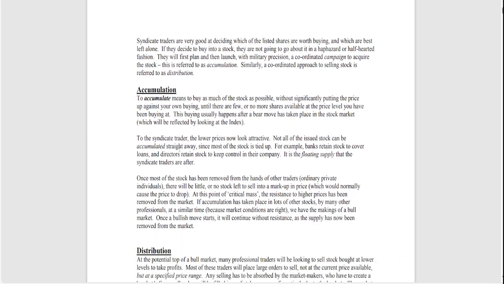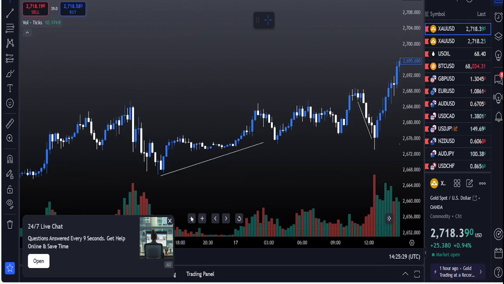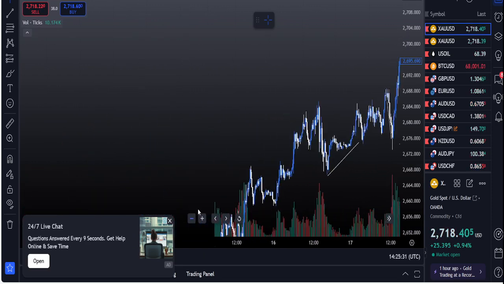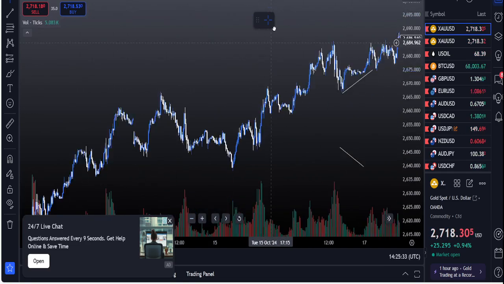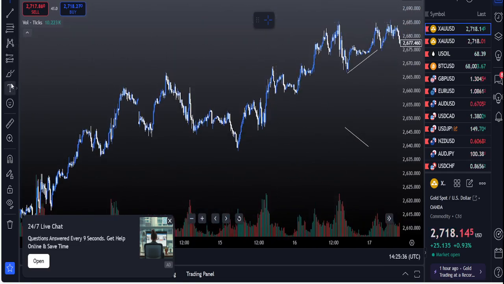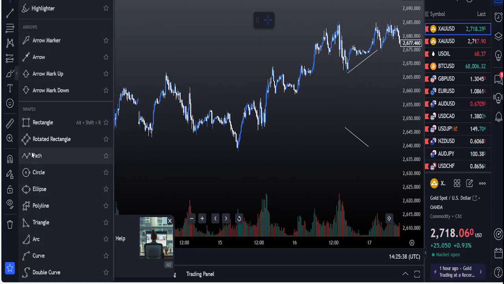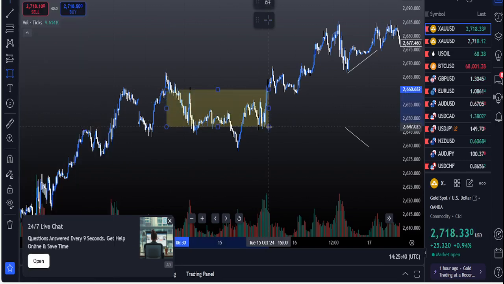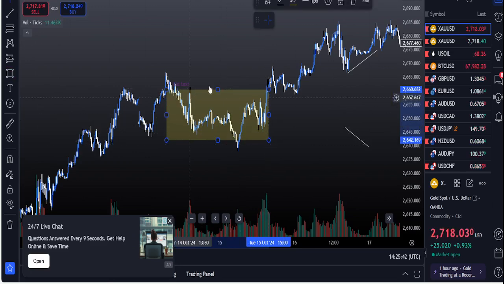What is accumulation? Accumulation is when big players make a range, like this range, and then they slowly buy on dips. The market goes up, then goes down, and they buy on dips.